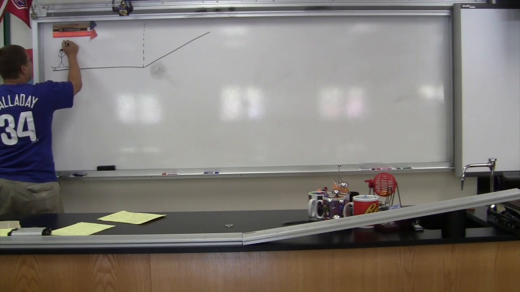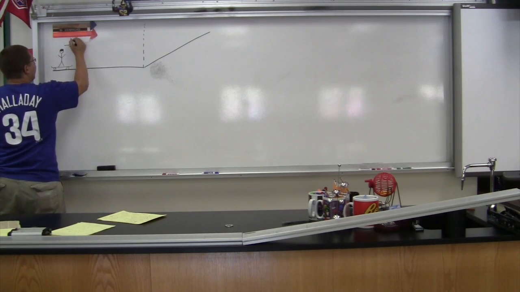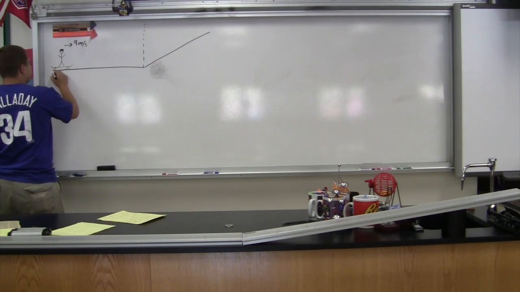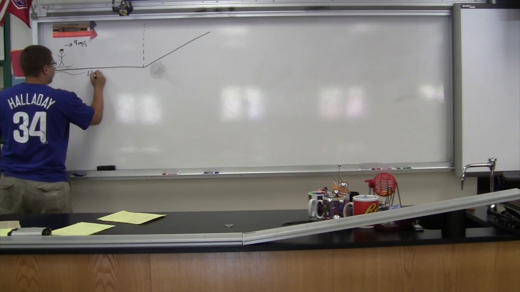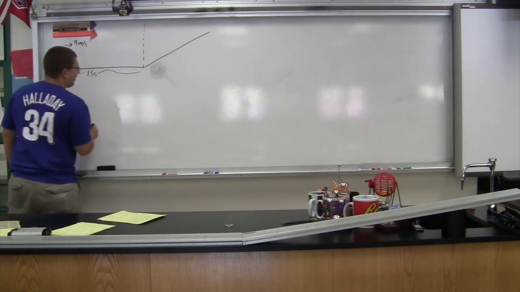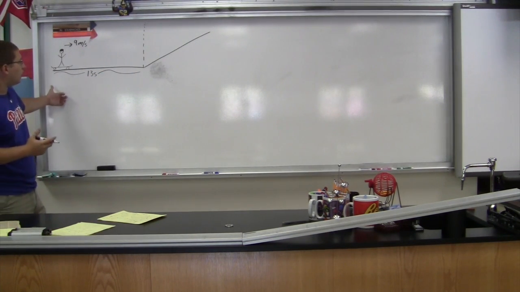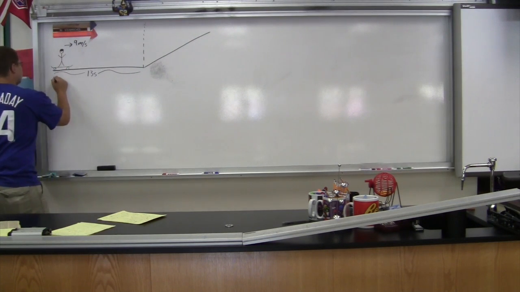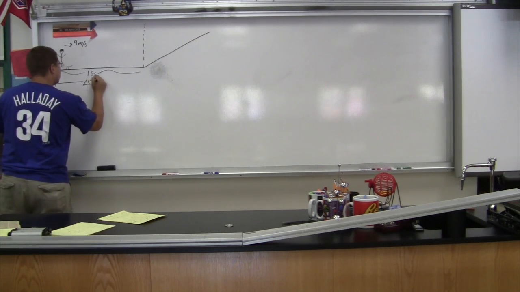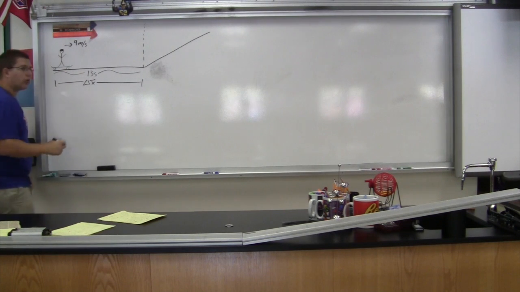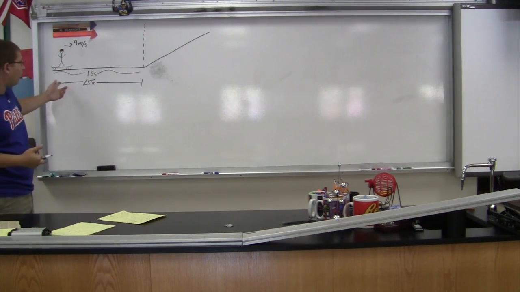It tells us that while he's on the flat part of the road, he's traveling at 9 meters per second in a straight line. And it tells us that he's doing that for 13 seconds. And then the first question it asks is, how long is the flat stretch of road? So we're going to find how long it is, or how far he travels.